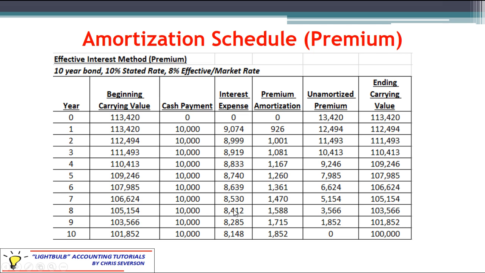That leads our interest expense to decrease as well because it's the same rate multiplied by a decreasing value. So our interest expense has to decrease over time, which means that our premium amortization has to make a bigger amount. We amortize the premium more quickly toward the end. Keep in mind, these two always have to balance out to $10,000.